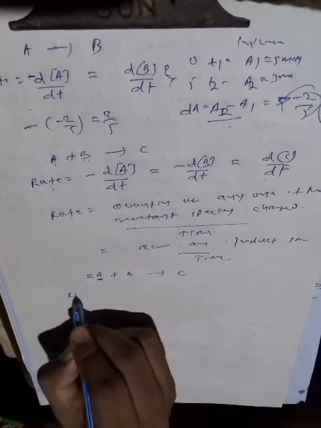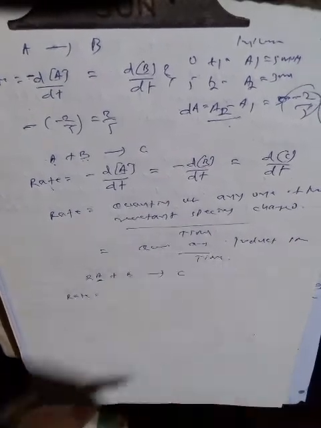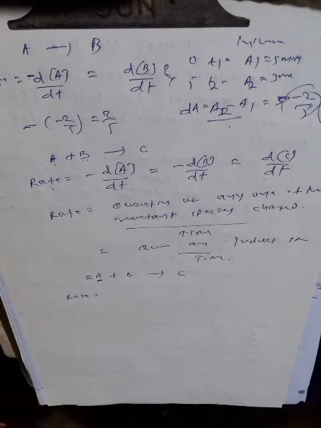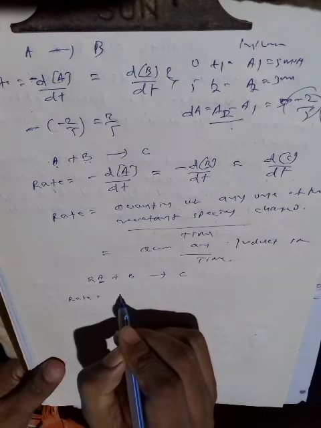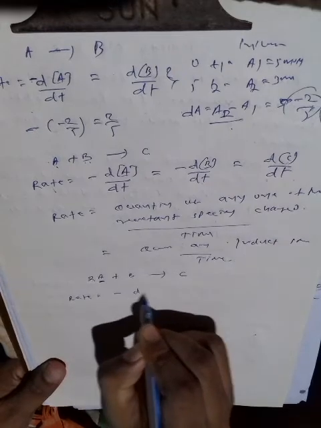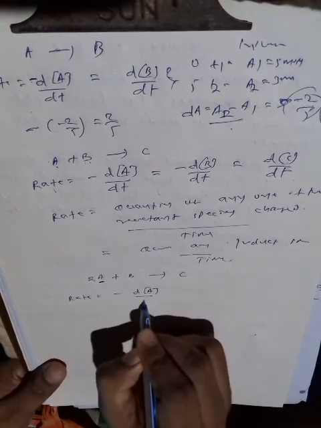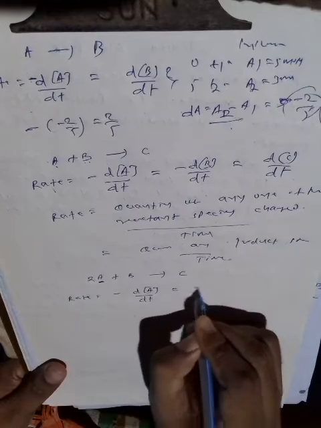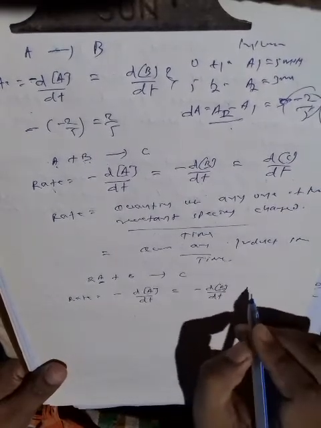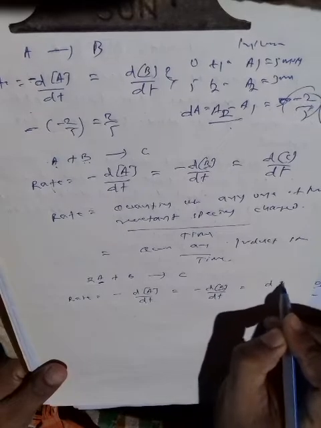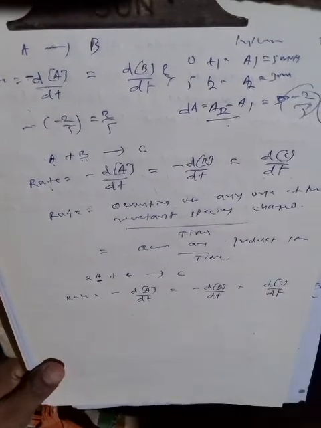Suppose we write the rate expression in the general way above: rate is minus dA by dt equals minus dB by dt, or dC by dt.